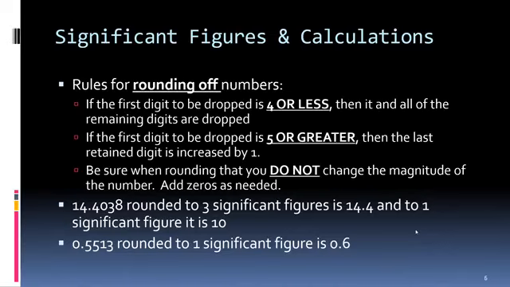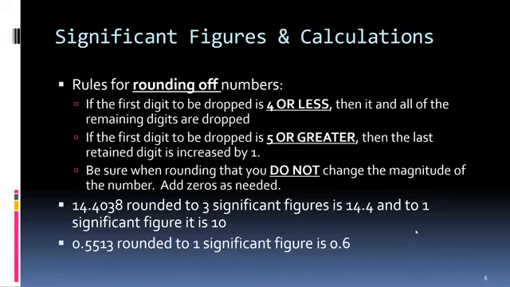However, if we drop the 2 4s, the 0 and the 38, all we have left is 1. Well, 1 and 14 clearly are not the same thing. We must maintain the magnitude of the number. In other words, we must replace the first 4 that is dropped with a 0. When rounded to 1 significant figure, 14.4038 becomes 10.